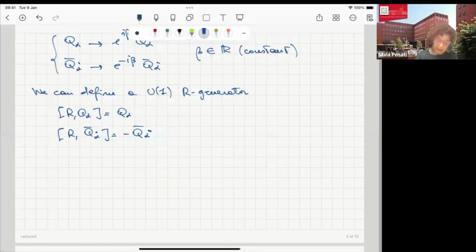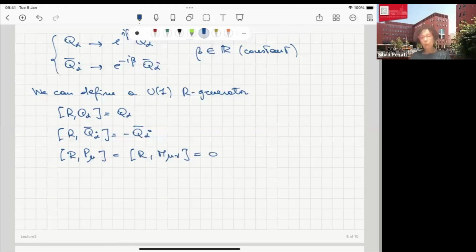And of course, the rest of the generators, in particular the even sector of generators, are neutral with respect to R, so they do not transform.